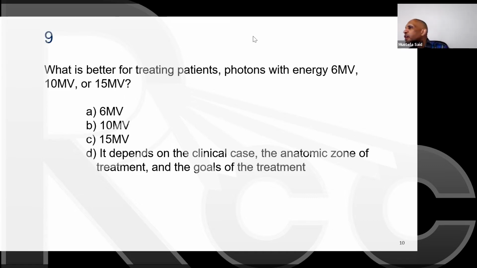That's great. 78% got the right answer. The answer is D. Because it doesn't matter what the energy is, the planner could plan it based on that energy. And for sure, if you have a deep-seated tumor, you're going to go with a higher energy. But it depends on what kind of case it is. For example, if you're treating brain, you're not going to go to 15 MV, you're going to end up doing 6 MV. So it depends on what you're treating.